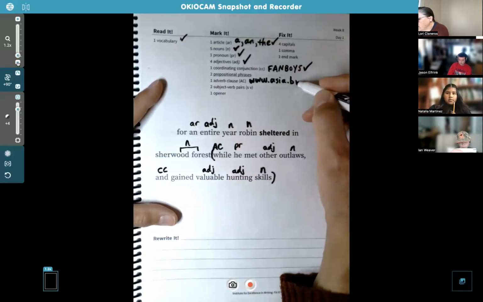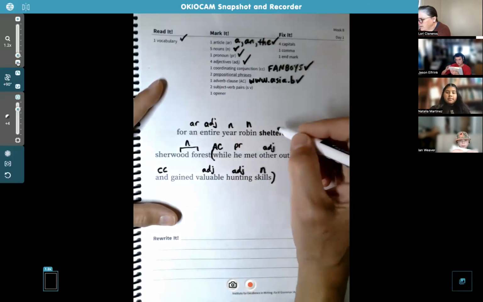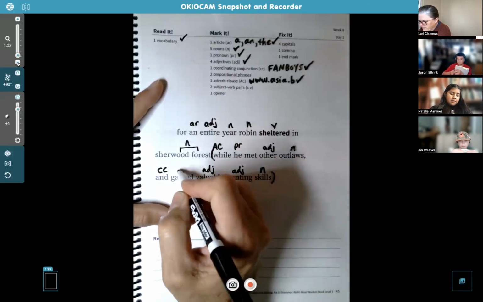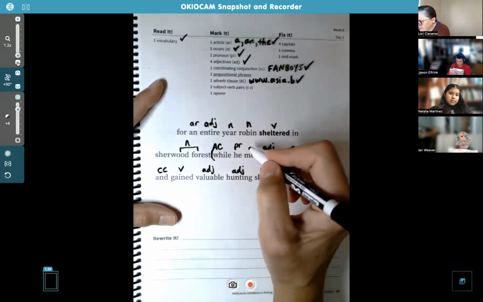Excellent. Okay, back to Natalia. Help us find the verbs next. Where are the action words or helping or linking verbs? Sheltered. Good. Gained. Yes. And there's one more. Met. Good.